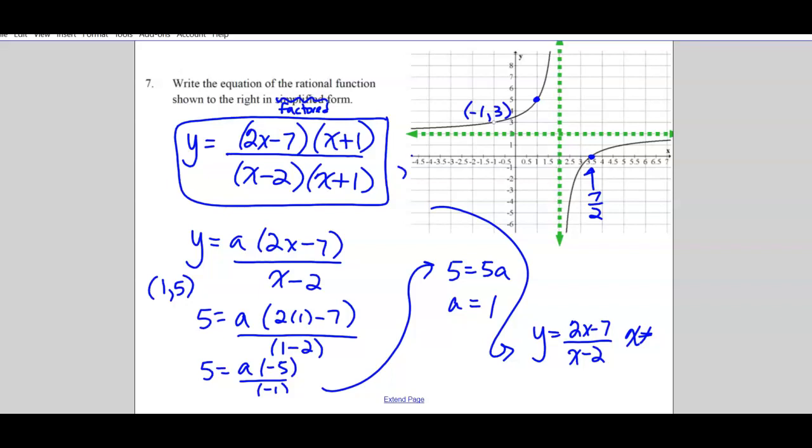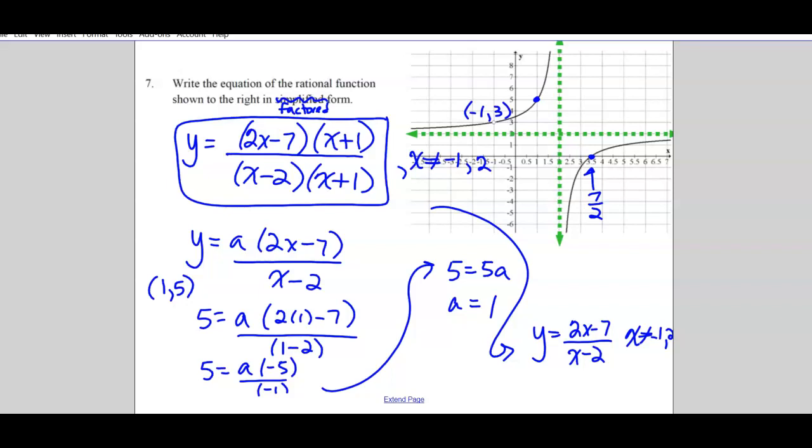So really we should have here, obviously, x cannot equal negative 1 and 2. If you showed me this and forgot to include the negative 1, then for sure you wouldn't have the correct function.